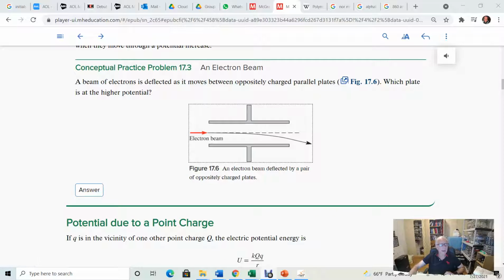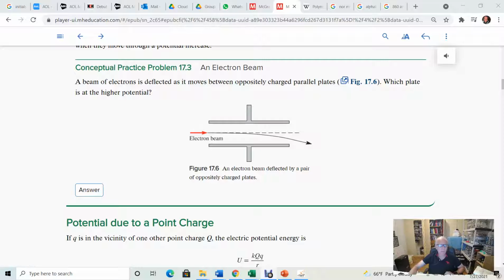So if you have an electron beam and the electron beam is being attracted toward this plate here, I know that this plate is going to be positively charged. So in this specific case, the electric potential here below is going to be at a higher potential, whereas this one is going to be at a lower potential.